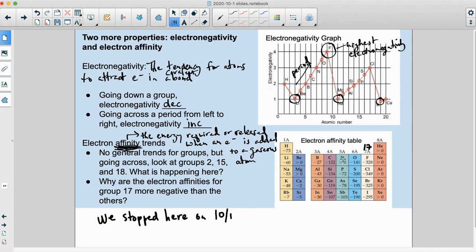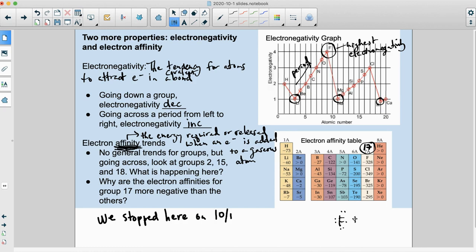So there are no general trends for groups, not really a pattern so much. But if we look at certain groups, especially group 17, you can see that the electron affinities are pretty large and negative. Why is that? Well, we know that fluorine has 7 valence electrons, and we'll be talking about Lewis dot diagrams pretty soon. Here are our 7 valence electrons for fluorine.